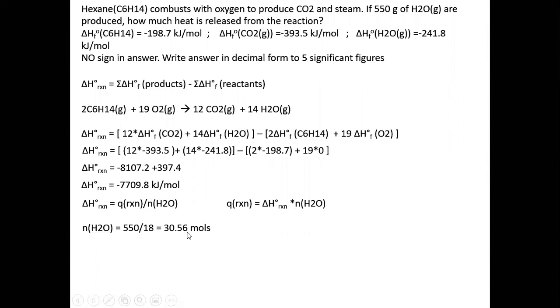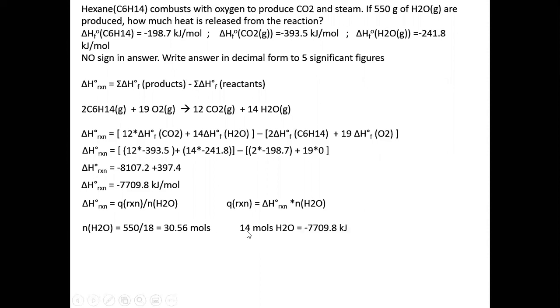The moles of water we can find. Now, depending on if you use 18 or 18.02, the moles will differ, but that's accounted for in the range of the answer. So as long as you're close to the answer that I get, that's fine. Usually like plus or minus 30 is the range we use.